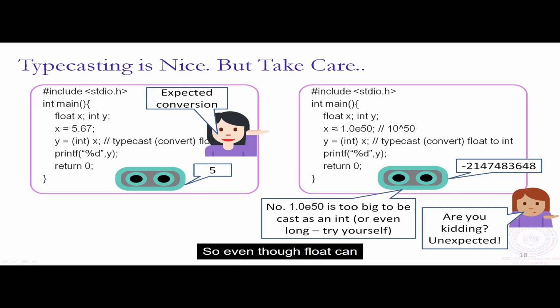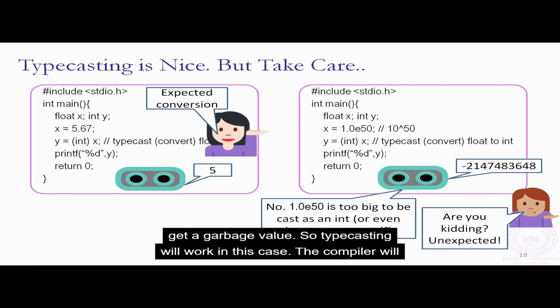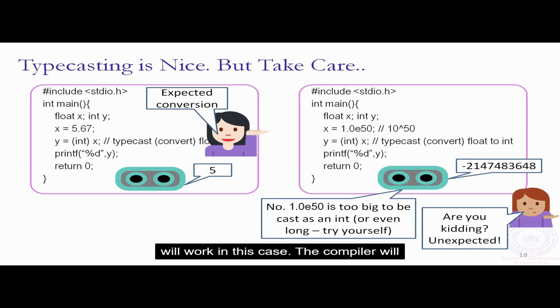So even though float can represent this, when I try to typecast this into an integer, the integer box breaks. It's too small to store such a big value, and so I get a garbage value. So typecasting will work. In this case, the compiler will have no objection to it.